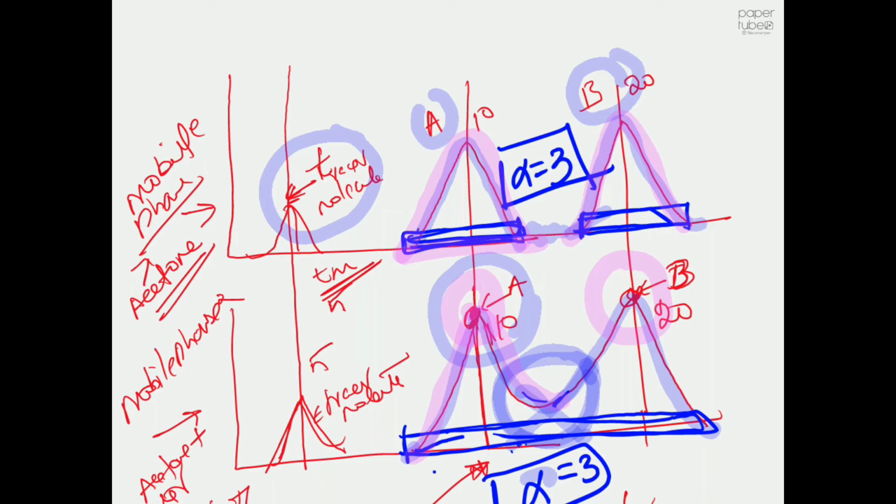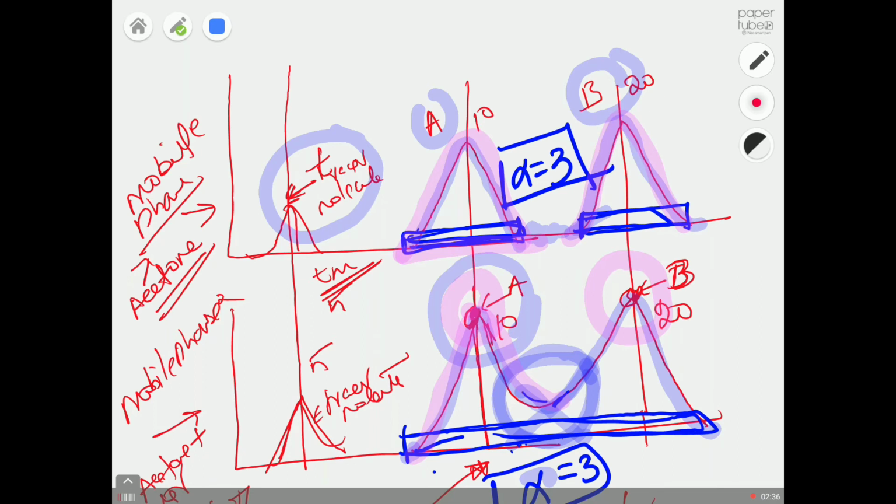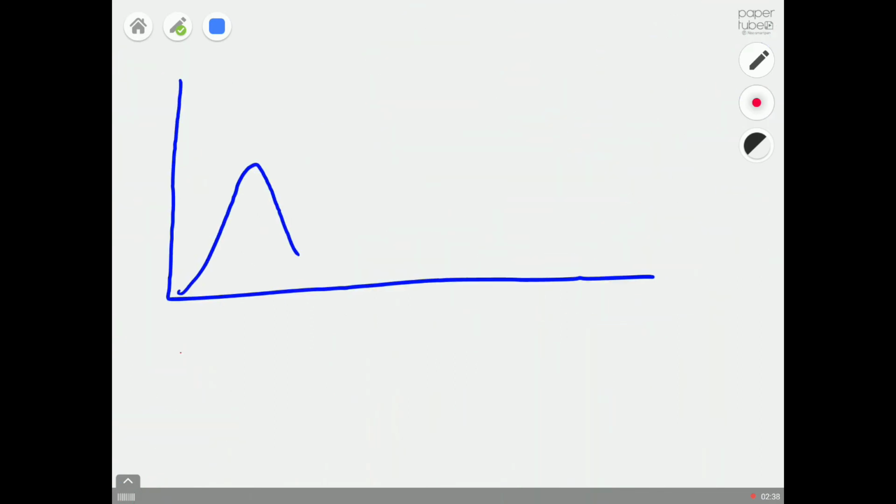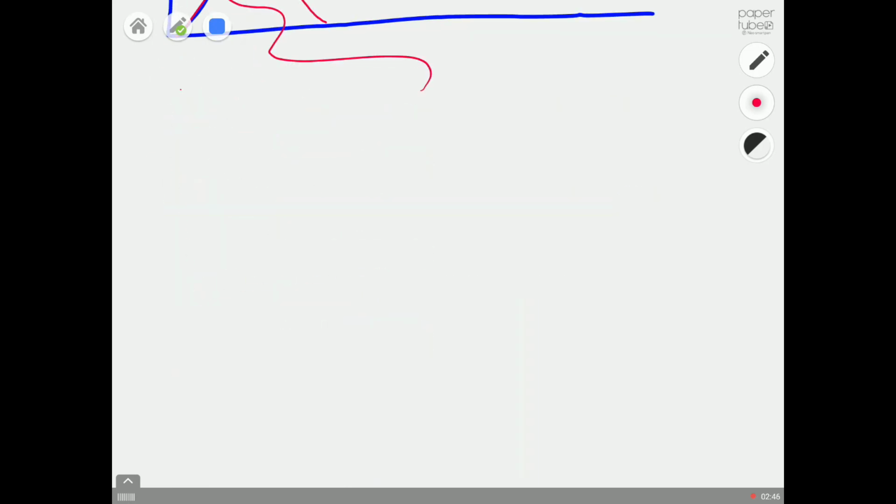So if we go back here, we already defined, so let's draw this one. Say this is for your mobile phase, tM.